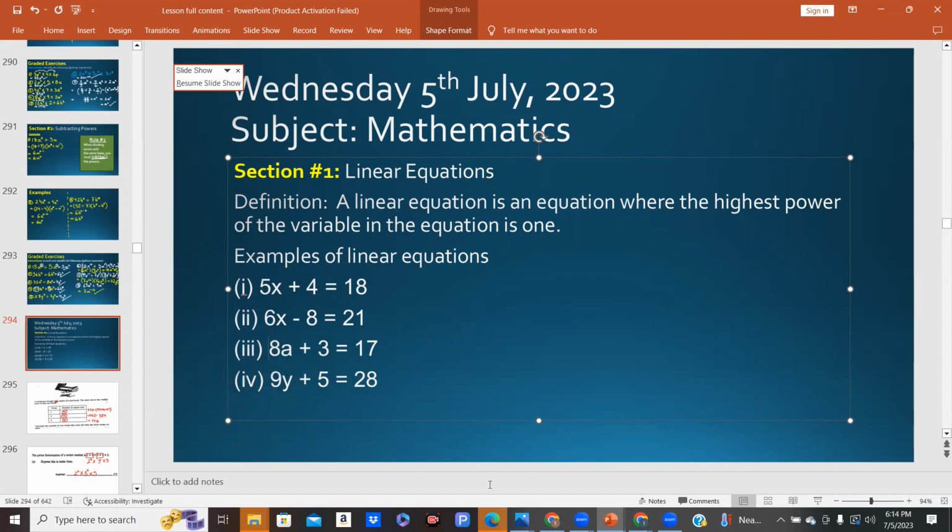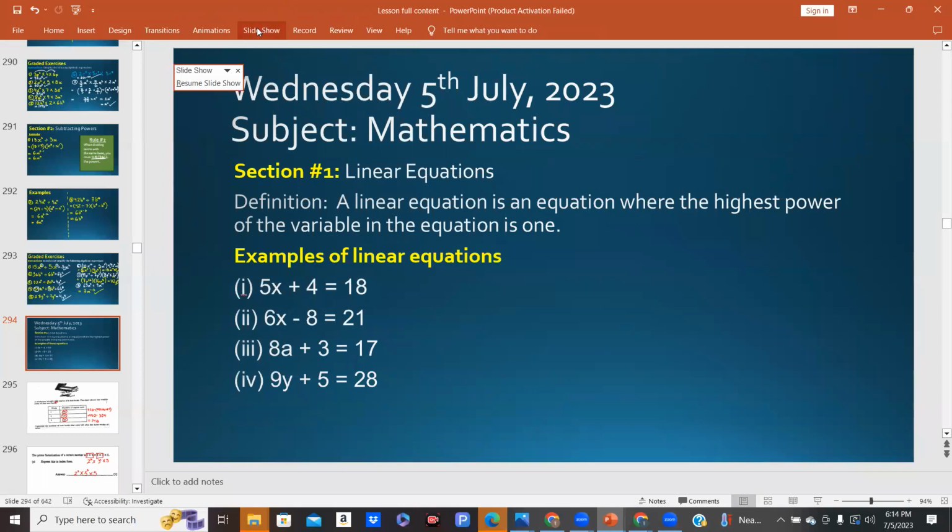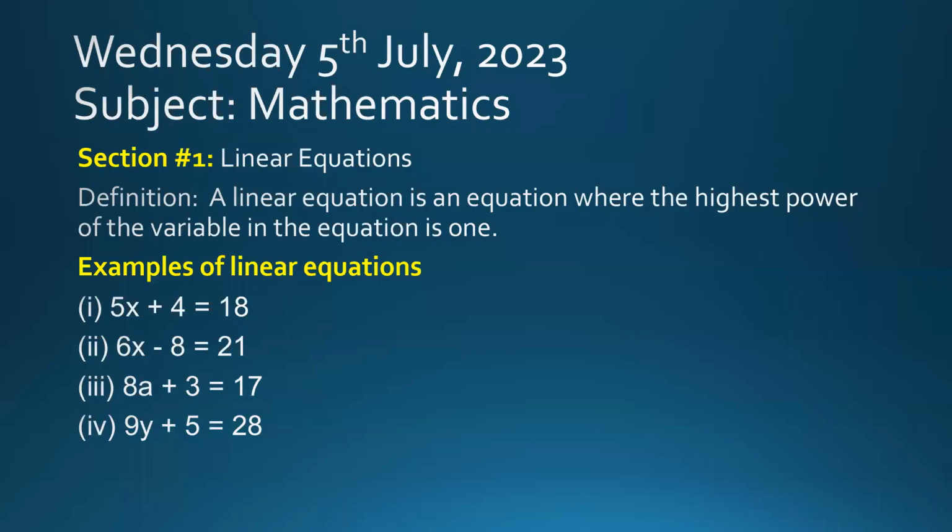All right. So Martinique Wims, can you give me the definition of a linear equation? A linear equation is an equation where the highest power of the variable in the equation is 1. Very good. DeAndre, can you give me an example of a linear equation? One of the examples is 5x plus 4 equals 18. Very good.